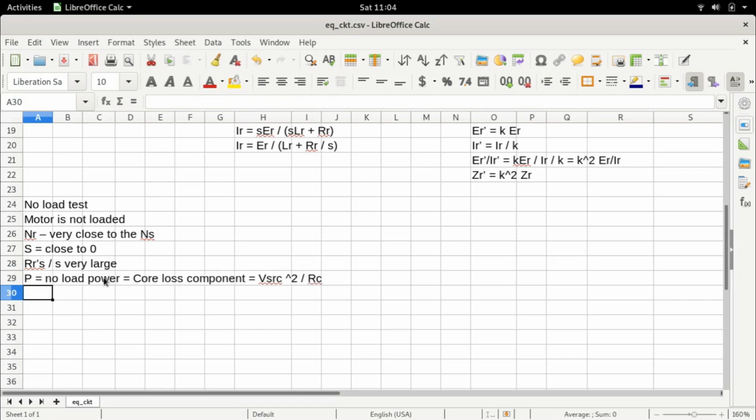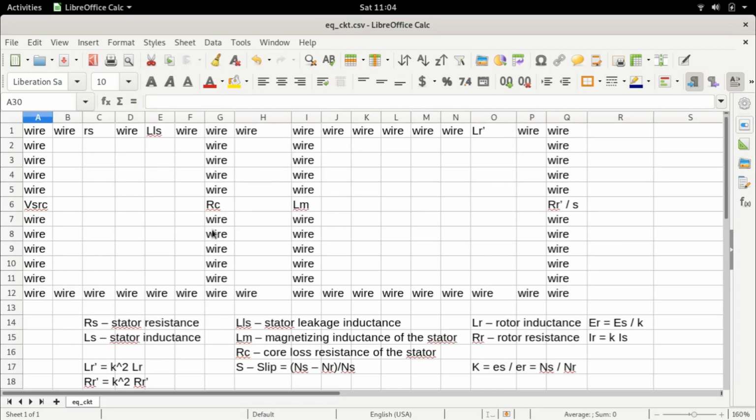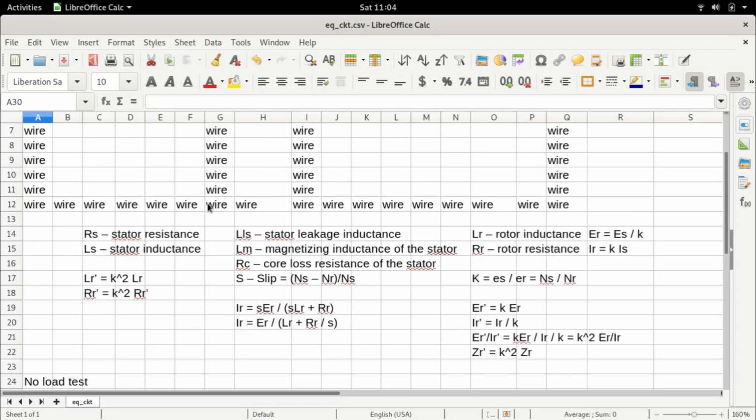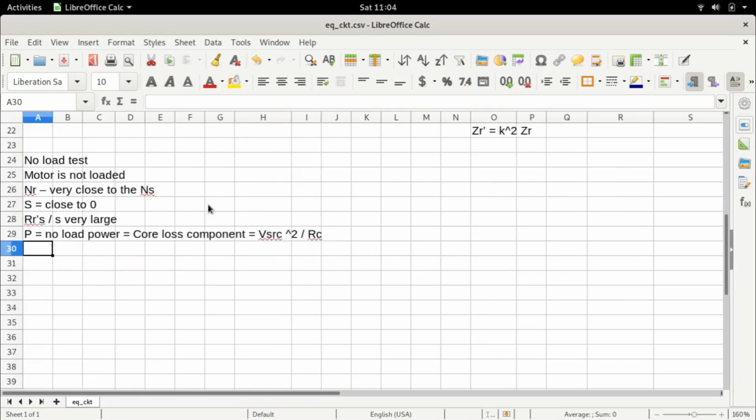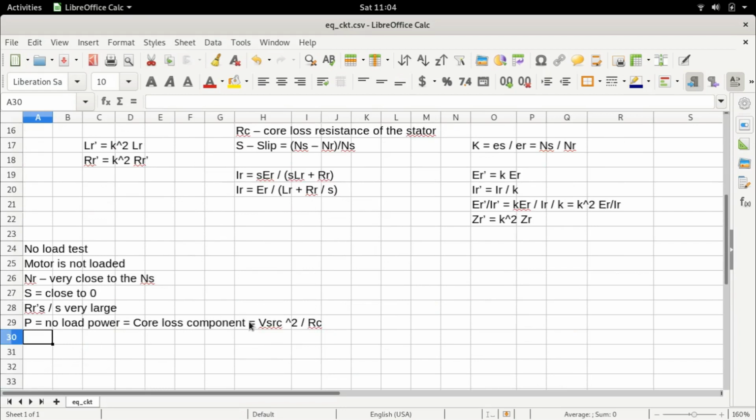So if in a laboratory we measure the no load power and equate it, because we've said that at no load the only power drawn is for the core loss component, then we can use whatever power is measured to calculate this core loss component, RC.